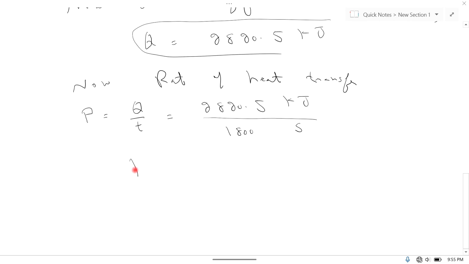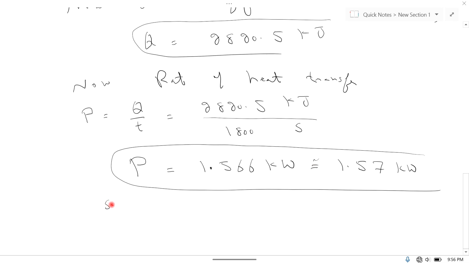So rate of heat transfer is equal to 1.57 kilojoule per second, and kilojoule per second is kilowatt, so approximately 1.57 kilowatt.